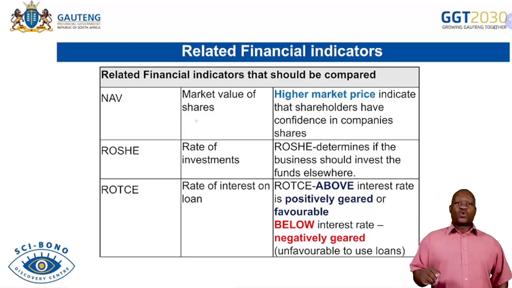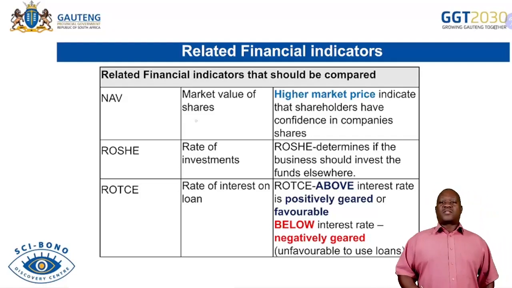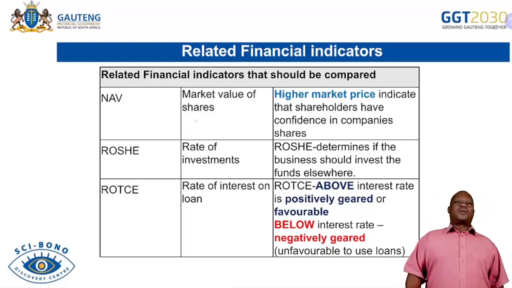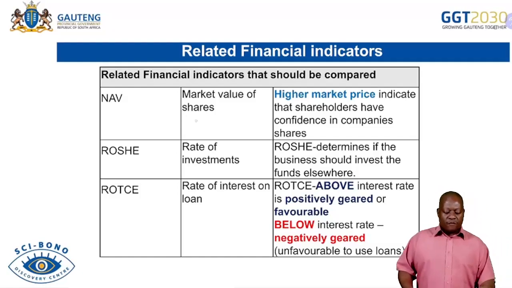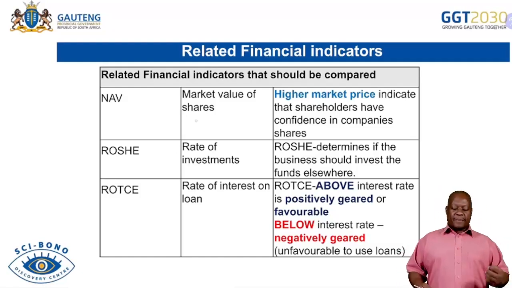Now, this is usually on the JSE. That's what they always indicate. The market value of a share on the JSE. Now, the higher market price indicates that the shareholders have confidence in the company's shares.